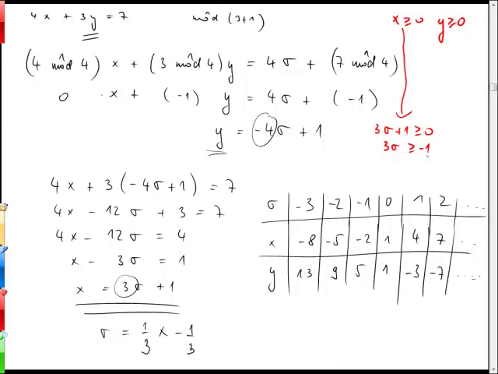So 3 sigma larger or equal minus 1, I can divide by 3, and I will get that sigma is larger or equal minus 1/3, but from that I get that it is larger or equal 0. And from here, y equals minus 4 sigma plus 1, and y is larger or equal 0.